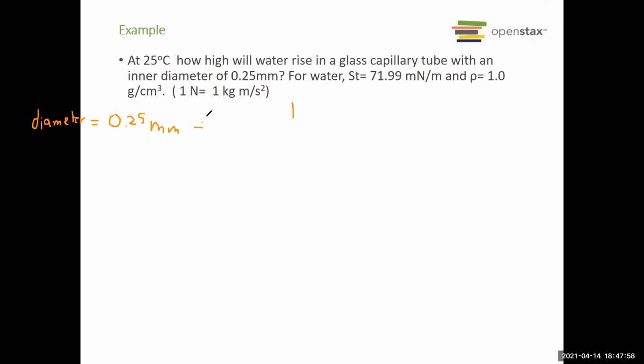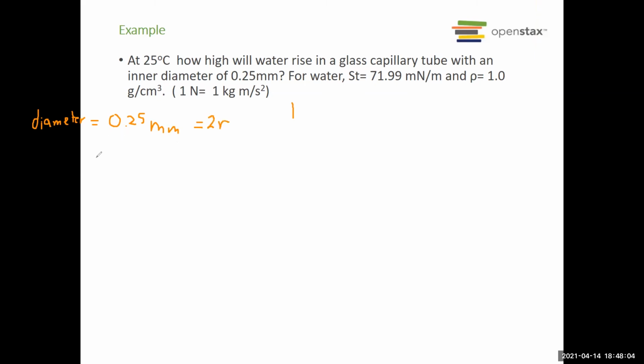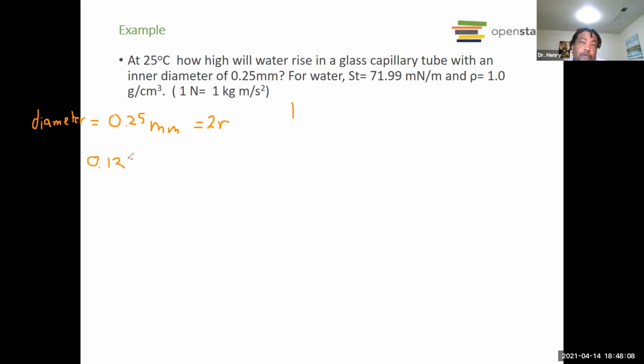Okay, so we know that the diameter is 2r, so we divide this by 2. So we'll get 0.125 millimeters, and that's going to be my radius.